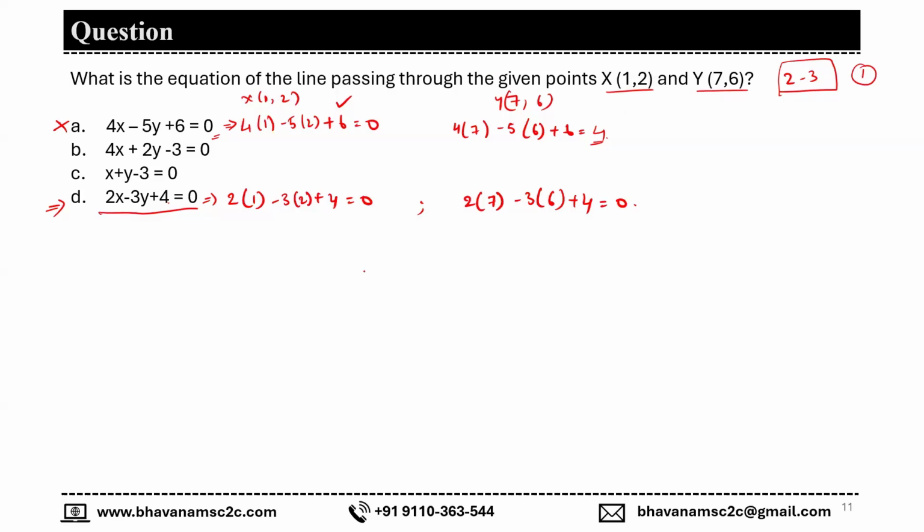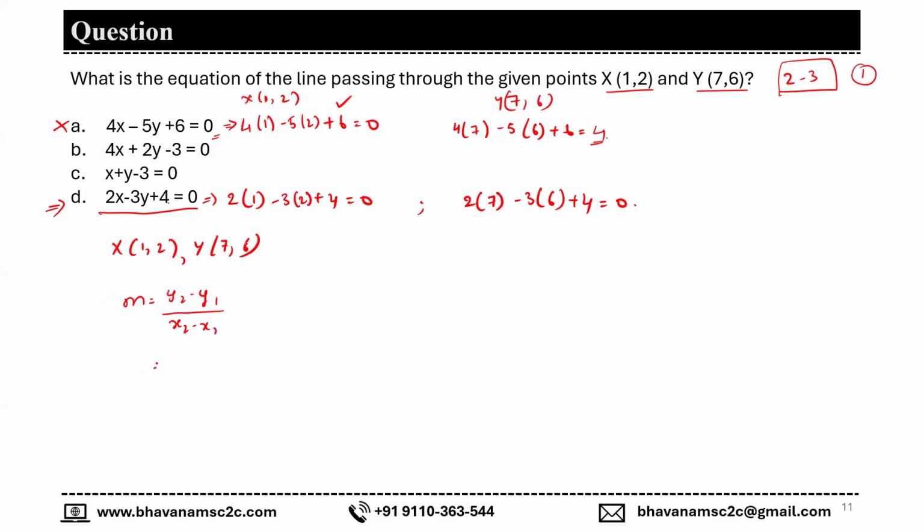Okay. Now let us see the regular way of solving this particular question. When 2 points are given, which are (1, 2) and (7, 6), what is the formula that we use here? The 2-point formula. You can check in the handbook. m equal to y2 minus y1 by x2 minus x1.